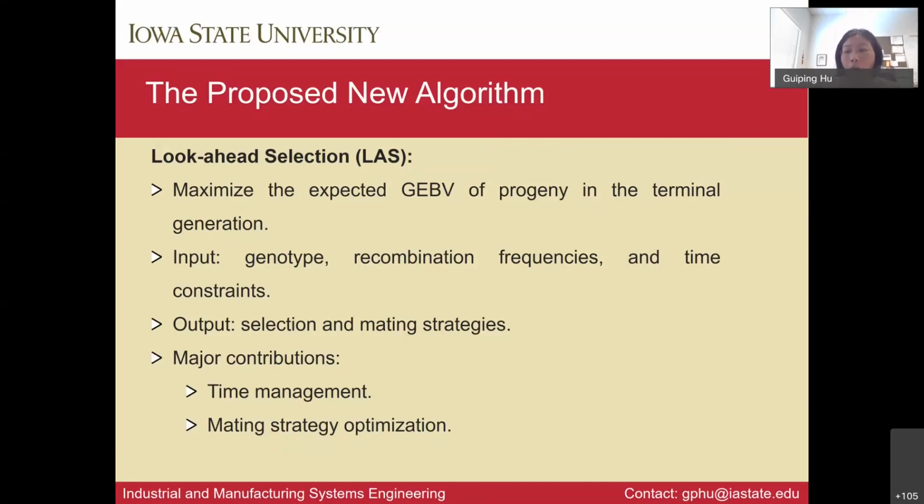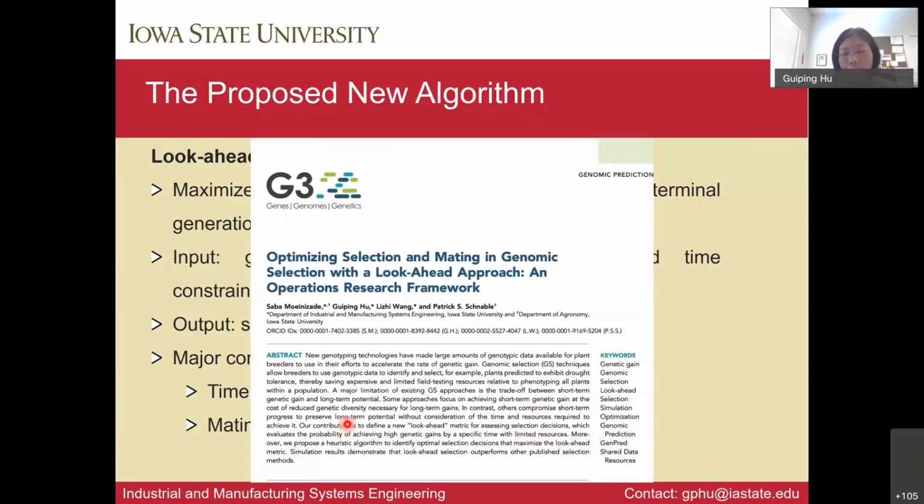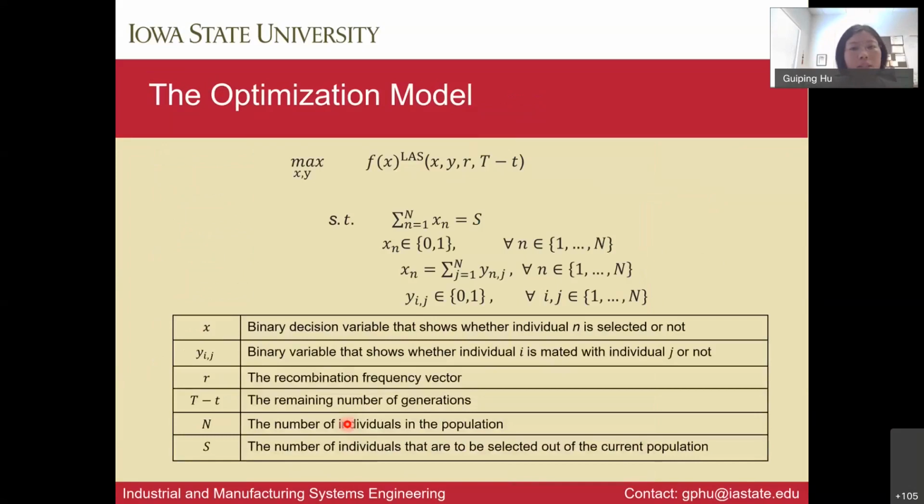And then we do consider how many generations we are working with, and also the mating strategy. And this paper has been published in G3 in 2019. Given the time, I'm not going to go into the detail in the optimization model, but if you're interested in this, you can look into the paper.